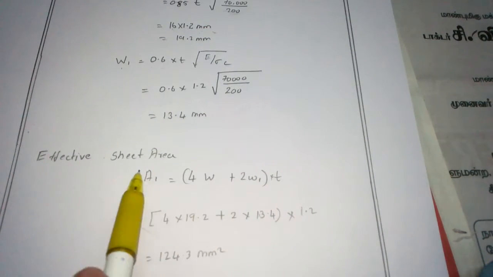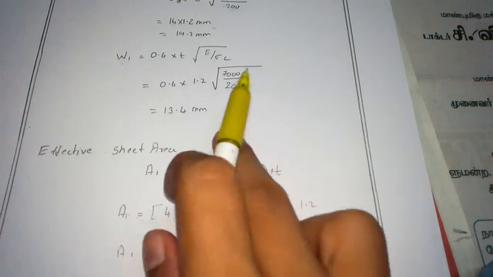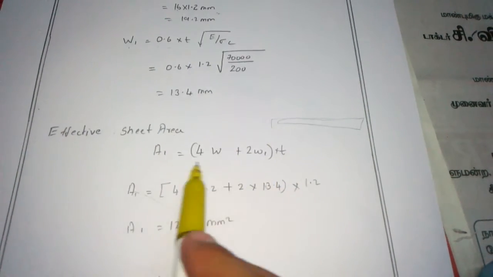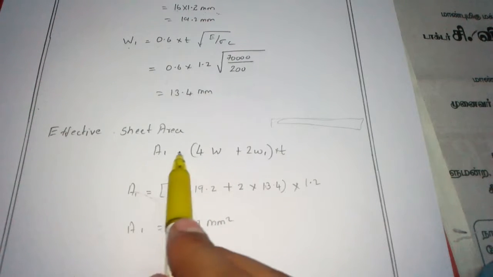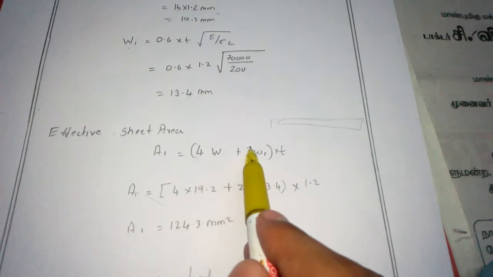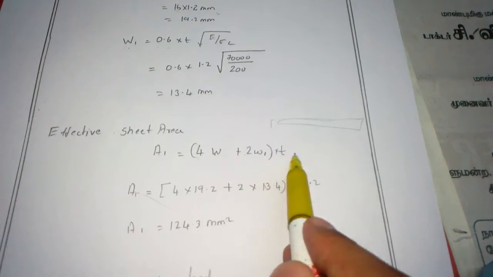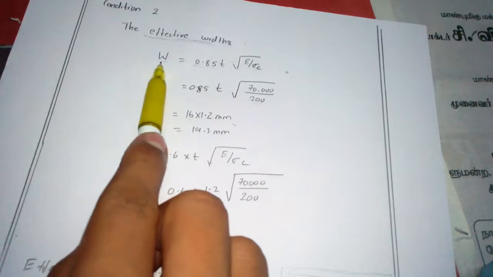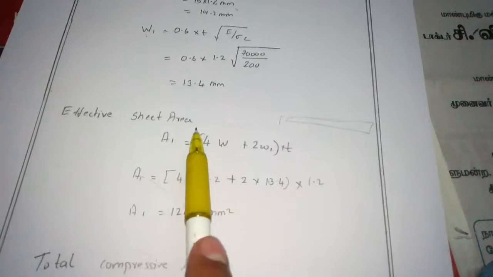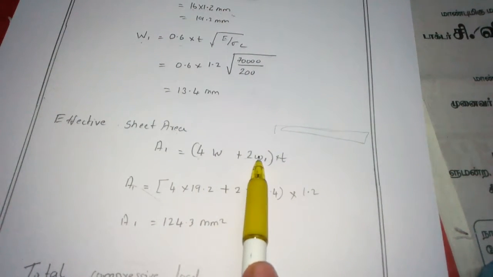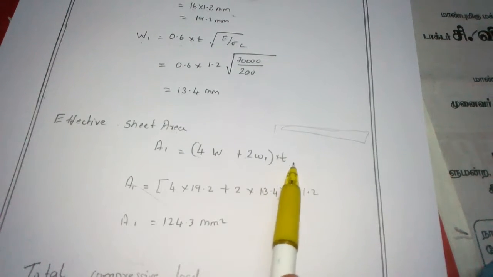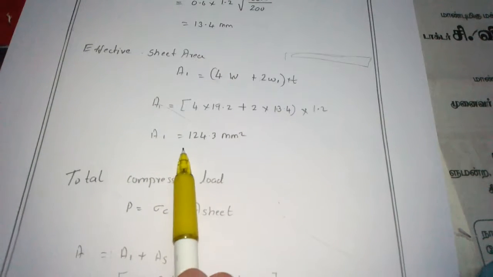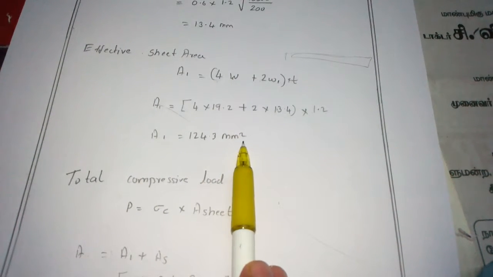So how to calculate the effective area for the sheet only? This is the formula: 4 times W plus 2 times W1, times thickness. We got the value of W1, so we substitute here 4 times W plus 2 times W1 into thickness, which we know is 1.2. After substituting we get 124.3 mm square.